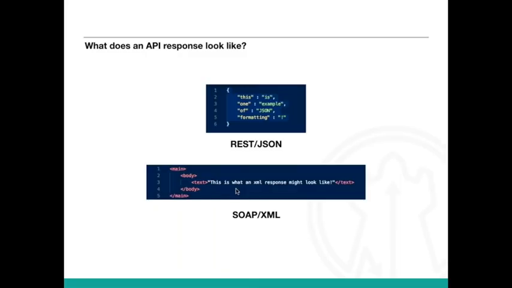I guess functional differences rather than structural differences would be that REST is typically a little more developer friendly. You can play with the structure of things a little more. It's a little bit more plastic, whereas SOAP tends to be very rigid. There is a benefit to that rigidity, though, insofar as when it comes to security and things like that, SOAP can often make some things a little bit easier on the developer. From a testing perspective, the primary difference is between navigating a JSON object and navigating an XML document.